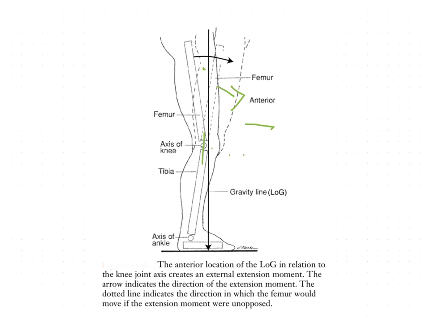If the LOG falls in front of the joint axis in the sagittal plane, it causes anterior movement of the proximal segment. If it falls on the posterior aspect, the proximal segment will have posterior movement. In the sagittal plane we give these terms flexion and extension. So this is all about the kinetics and kinematics of posture.